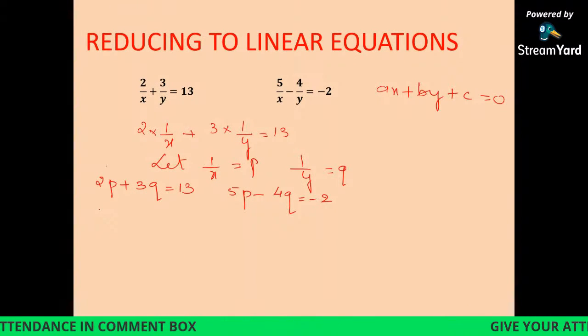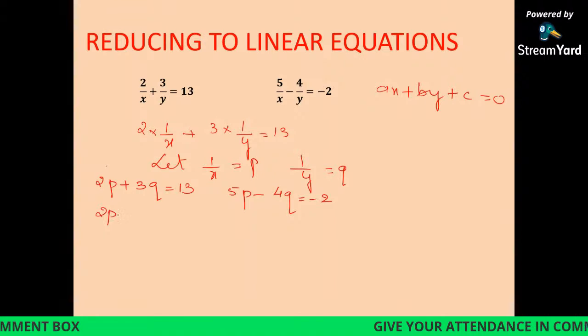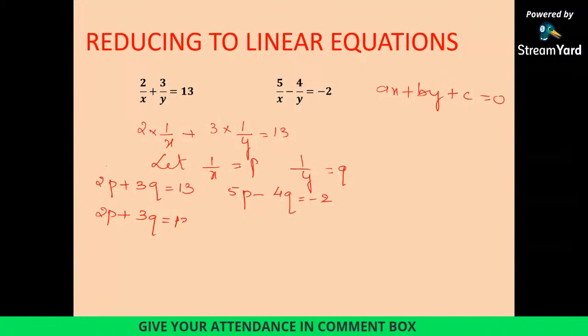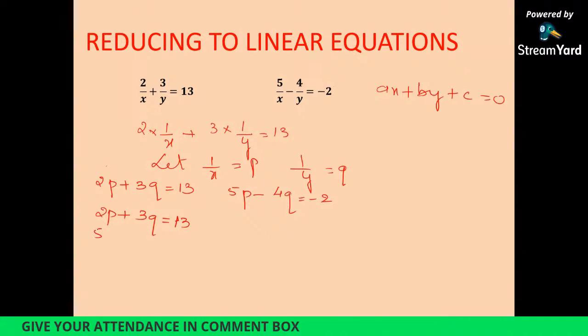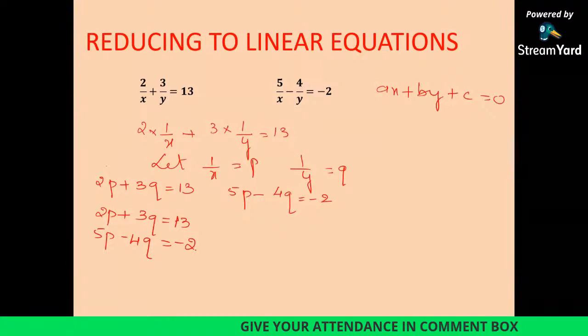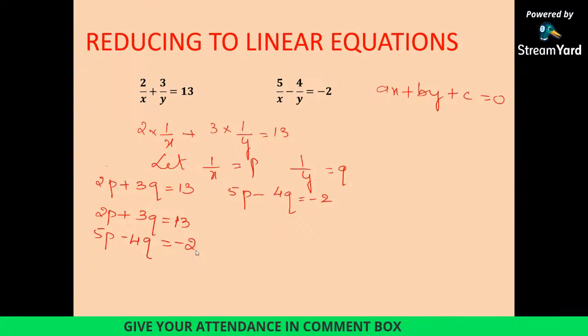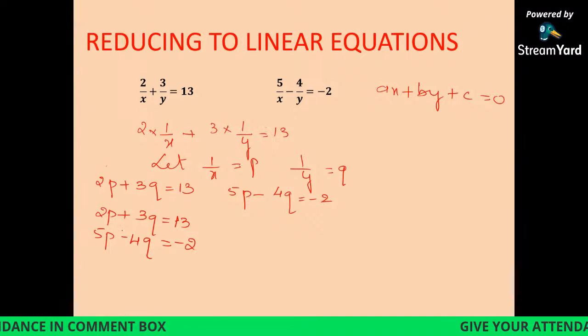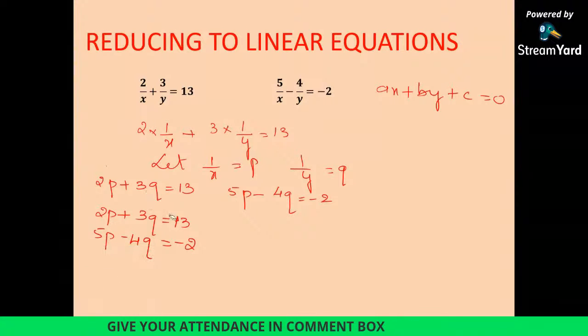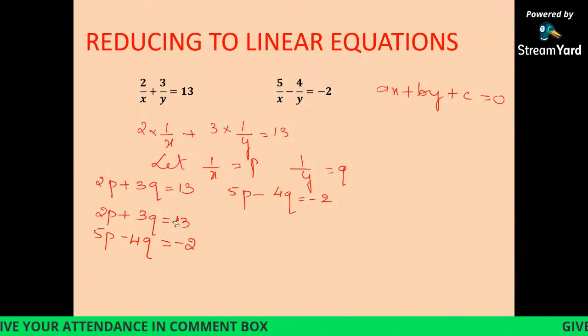See here, once again I am going to write them: 2p plus 3q is equal to 13 and 5p minus 4q is equal to minus 2. Now we got two equations here, and how are you going to solve them? You can solve by any method, either the substitution method or the elimination method.